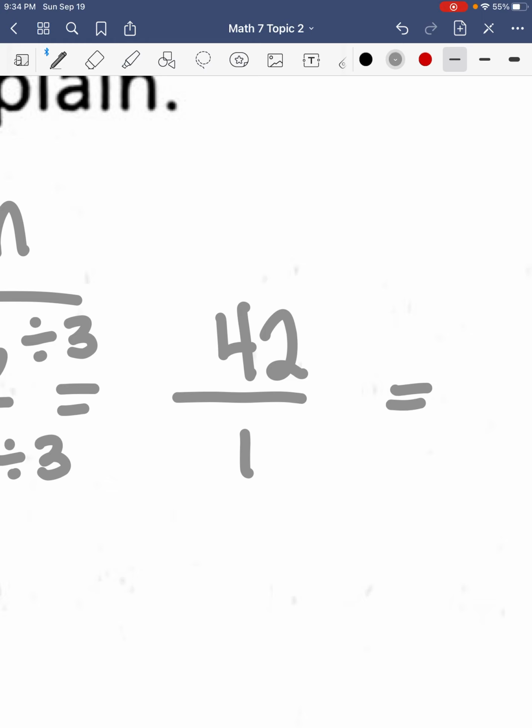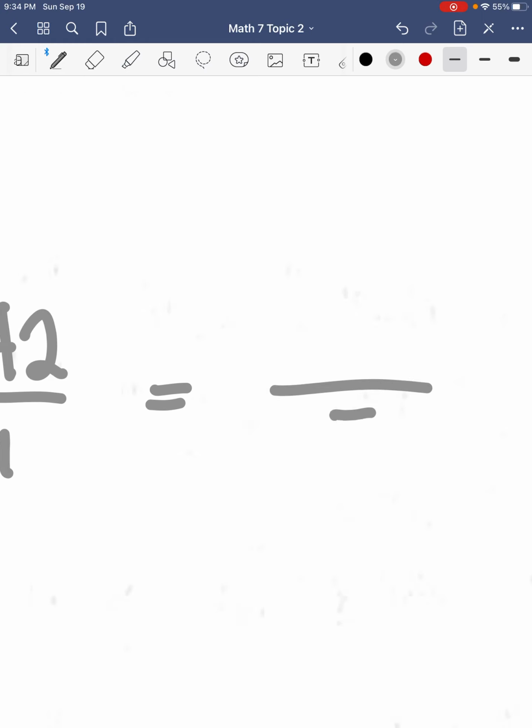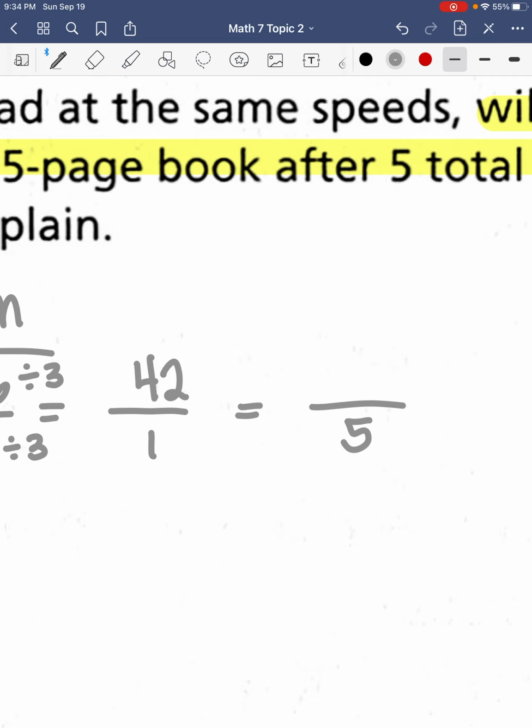But we want to know, will she be able to finish the book in 5 hours? So now how do I go from 1 to 5? Well, I simply multiply times 5. So I'm going to do the same thing on the top. So 42 times 5, when I put that in my calculator, I get 210. Now we know the book is 215 pages.